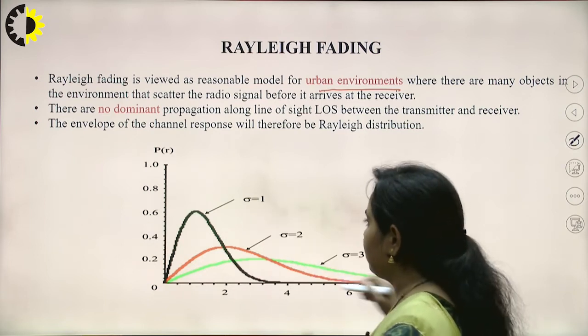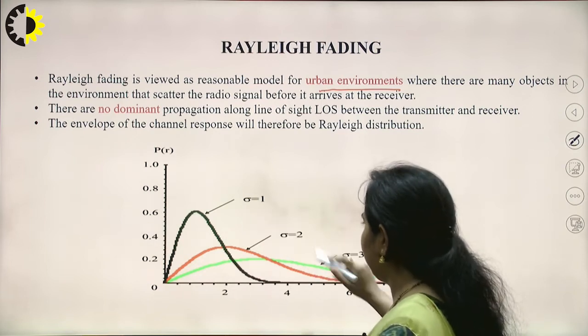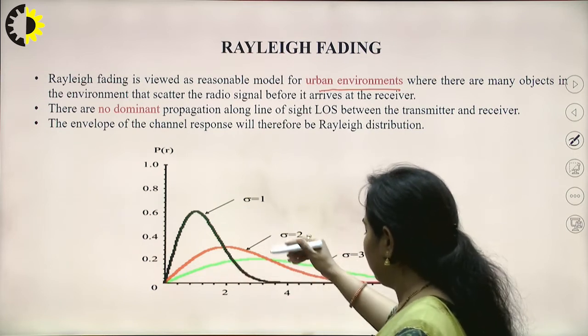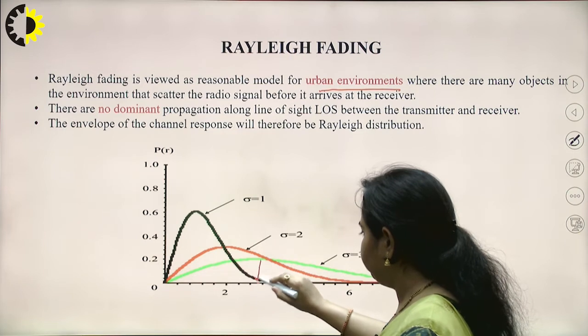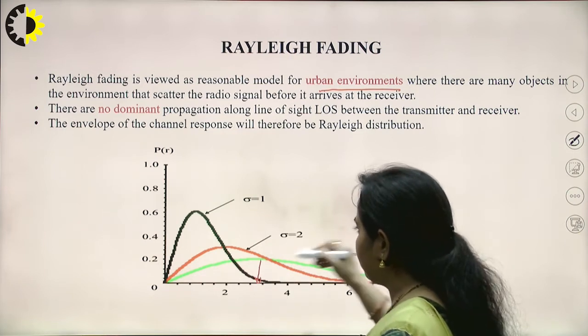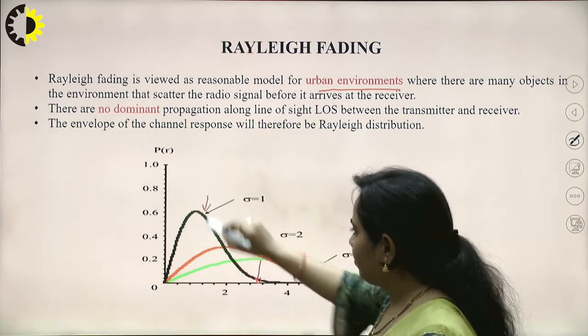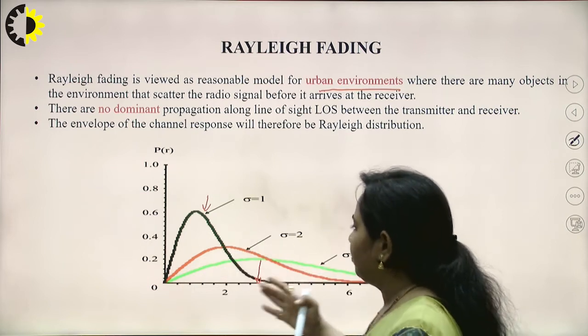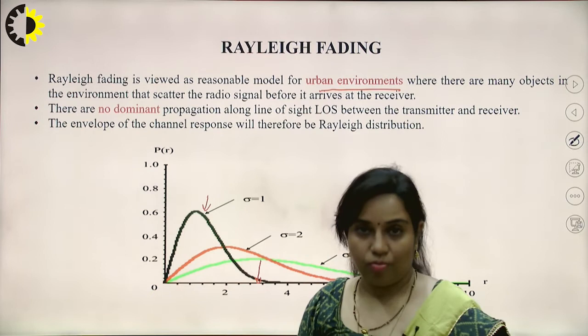So this is the distribution. You can see over here that as sigma values increase, the curve will extend away from the origin. And at sigma equal to 1, this will be the curve of the Rayleigh distribution.